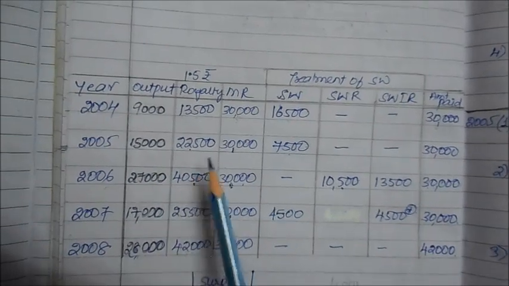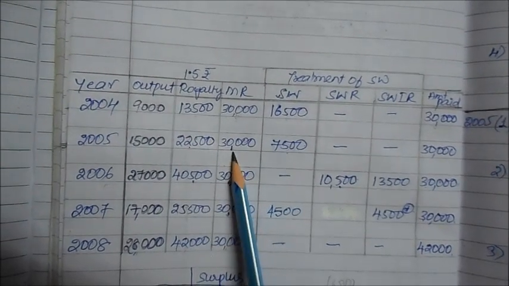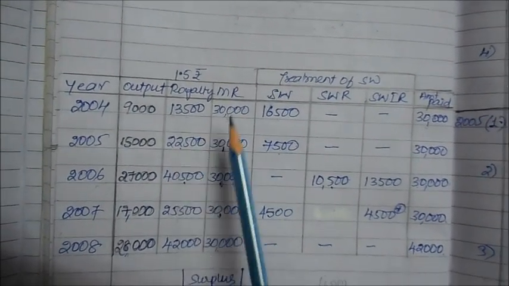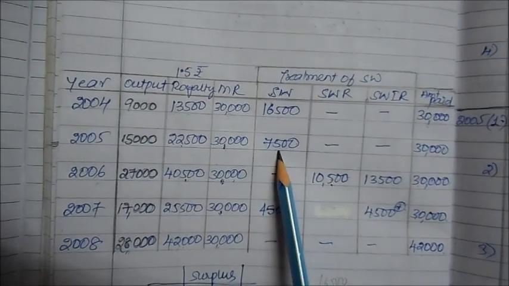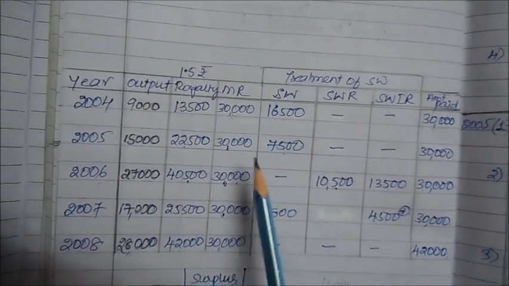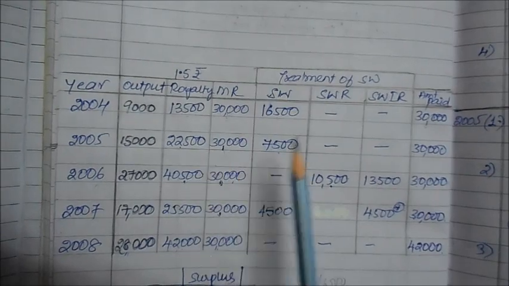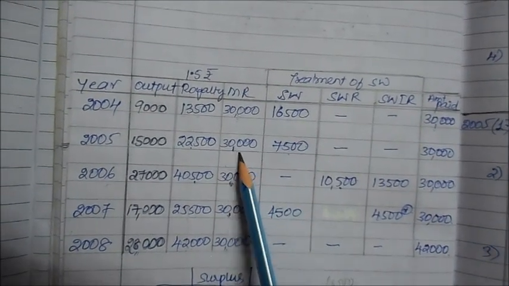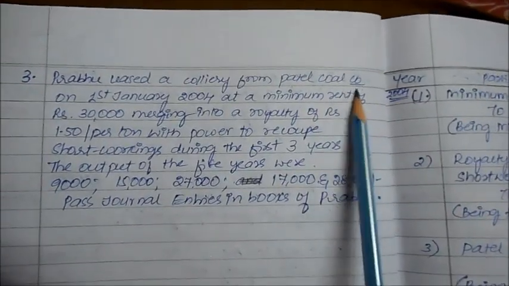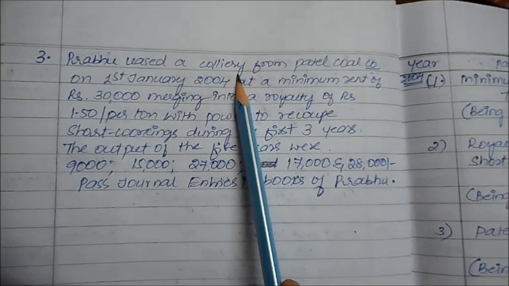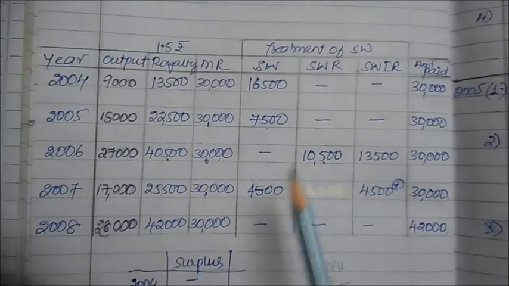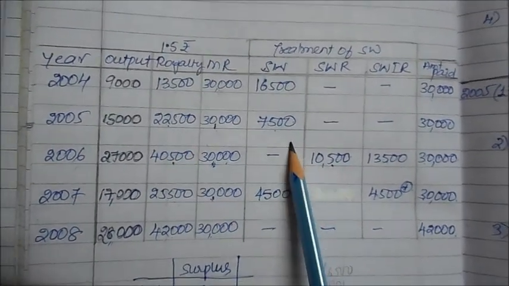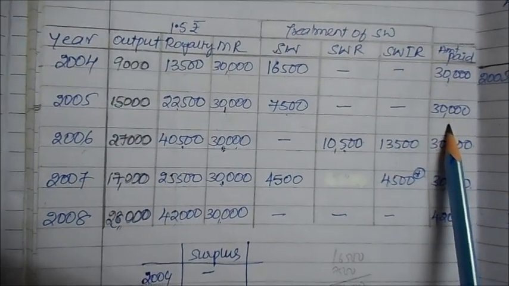Great. Moving on to the second year, again minimum rent is more than the royalty. That means you are paying royalty plus short working, additional loss, because according to the contract you already committed and guaranteed that this much money you will give to Mr. Patel Coal Company for using his assets. This is the meaning. That is why you pay royalty plus short working, together put as amount paid.